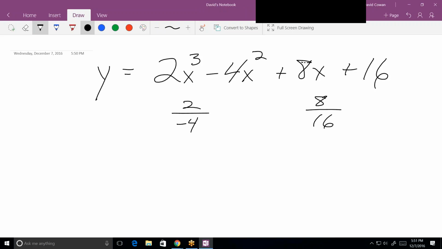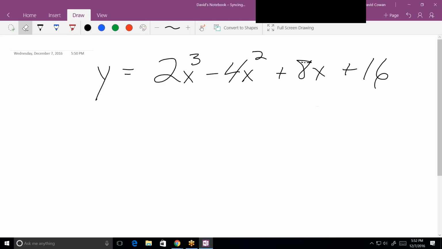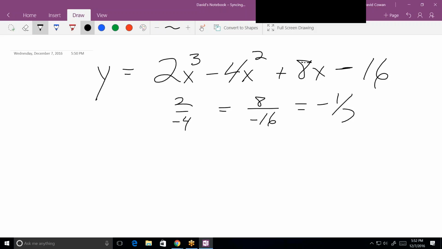No, it isn't. This is negative. That's positive. That's a negative. They're both 1/2, but this is negative 1/2. So no, you can't use grouping. It's got to be exactly the same. Turn that into a negative 16, and now it is. Now I got 2 divided by minus 4 is equal to 8 divided by minus 16. They're both equal to minus 1/2. Therefore, I can solve it by grouping, but it has to fit it perfectly.